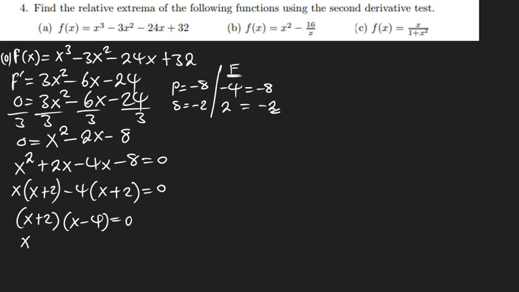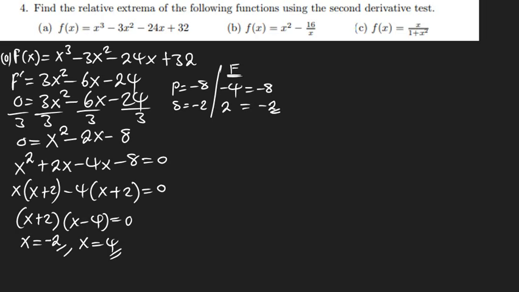Then x is going to equal negative 2, and x is going to equal 4. So the first derivative gives you the critical points. We have found the critical points. Now we get the second derivative.